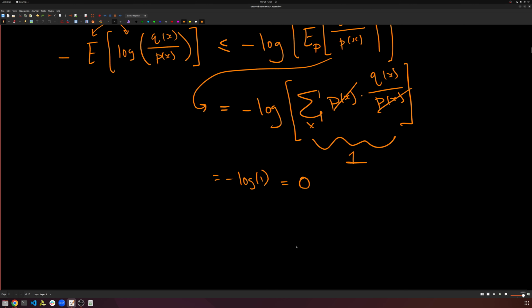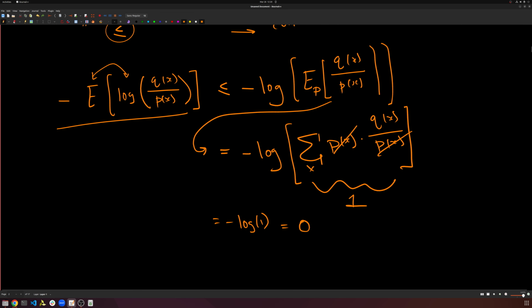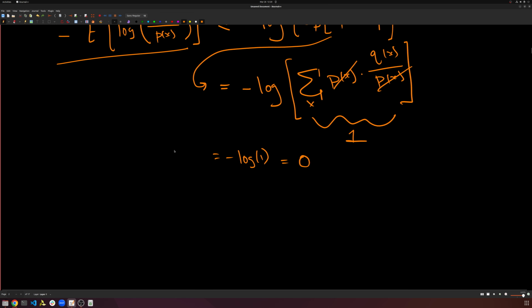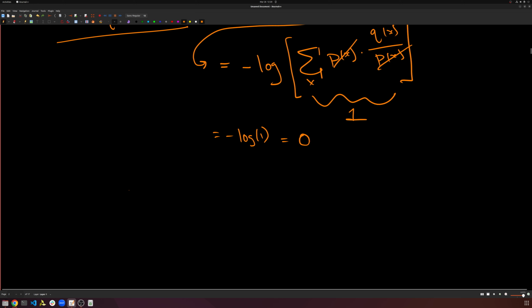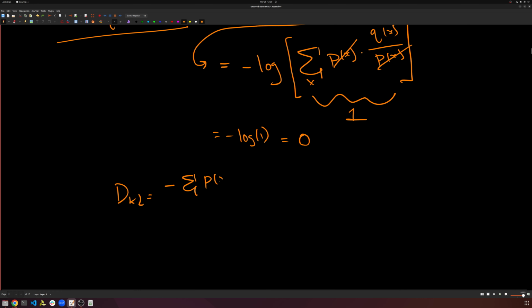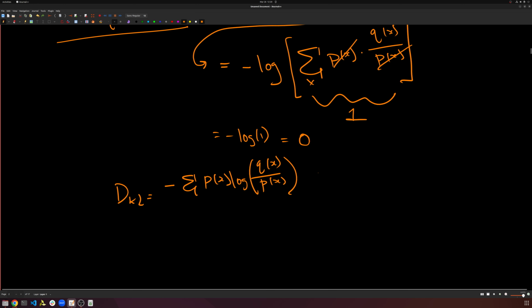And so we have shown that this whole expression that we were dealing with, which was our DKL, which was equal to negative sum of probability x log qx over px, is less than or equal to 0.